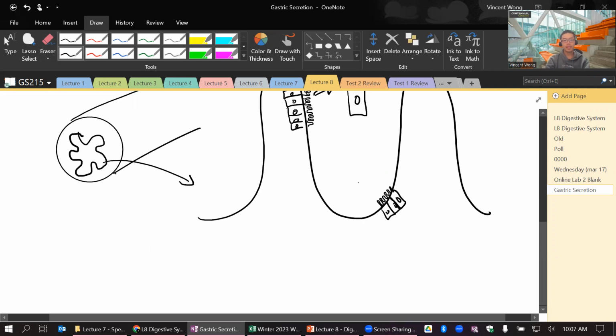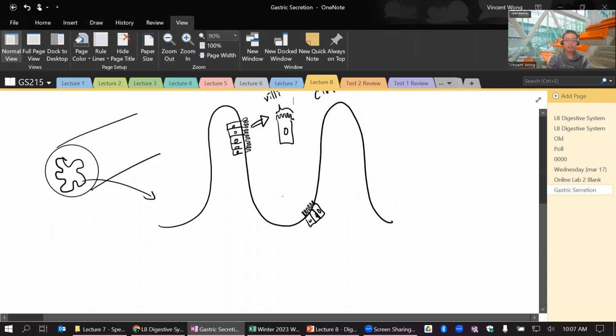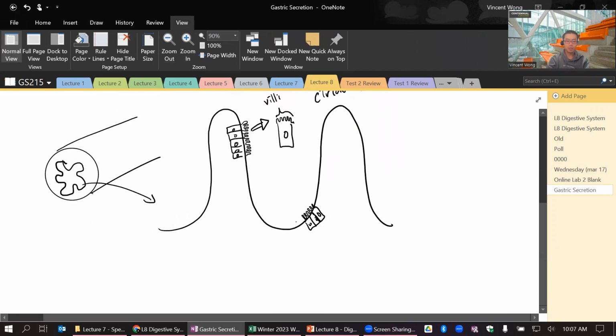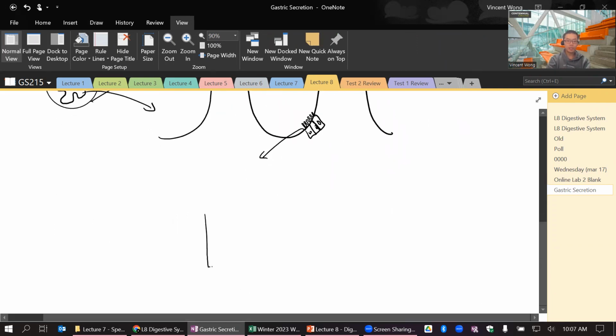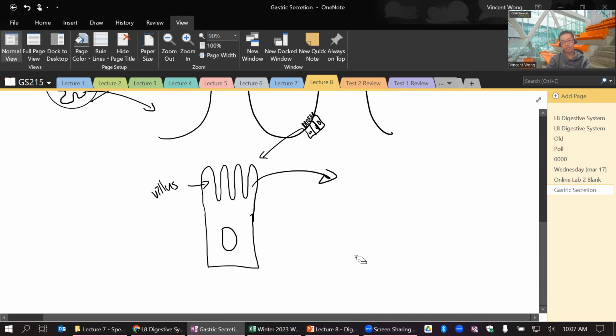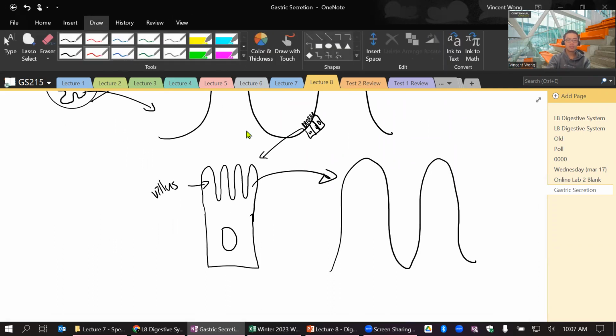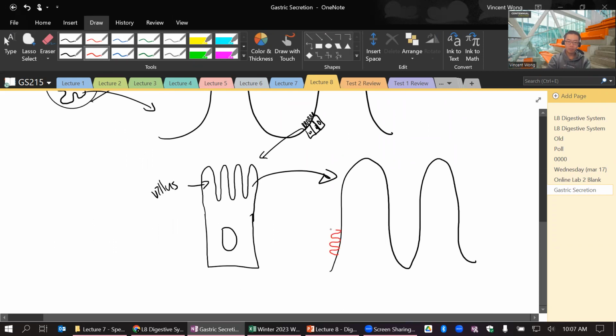But that's not it. You can take one of these things and zoom in again. If we were doing this in person, I would be showing you these things in the microscope. So that's a villus, and if you zoom in onto one of these, they have even more projections.